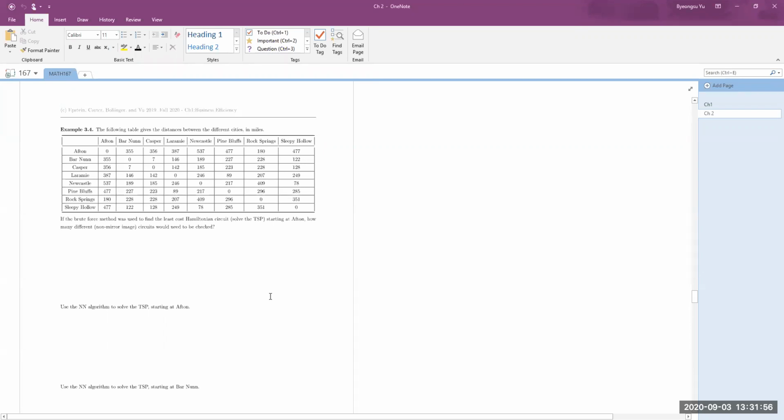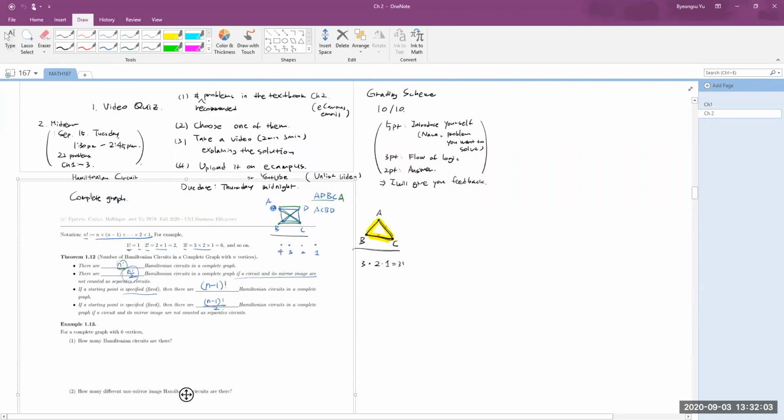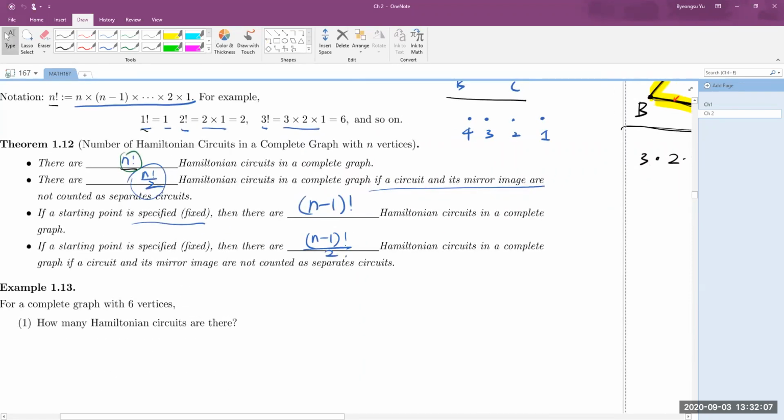So what we did last time is about the number of Hamilton circuits. The complete graph with n vertices has n factorial Hamilton circuits.